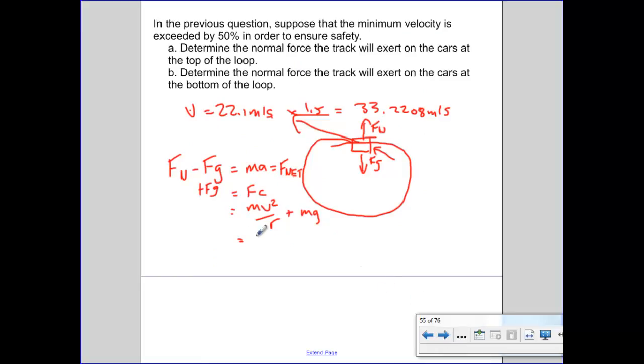That mass was 4,800 kilograms. 4,800 times my velocity, 33.2208, squared. What was that radius again? 50 meters? Yeah. And then we need to add mass times gravity, 4,800 times 9.81.